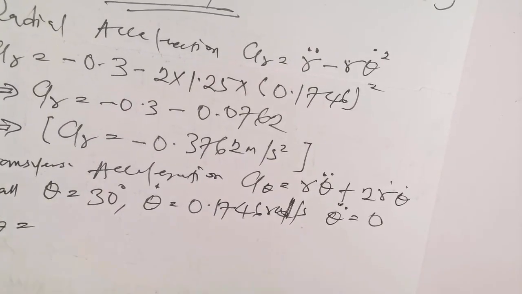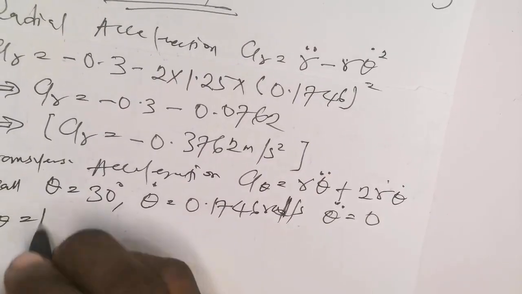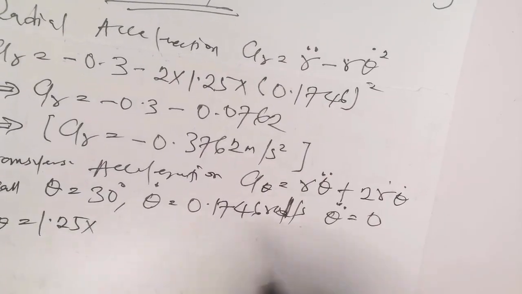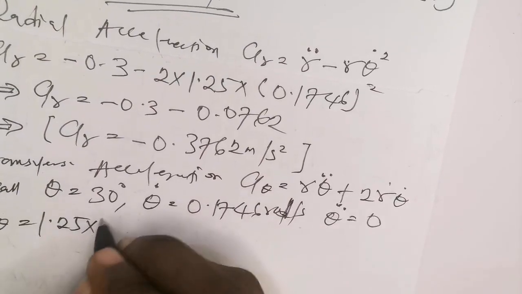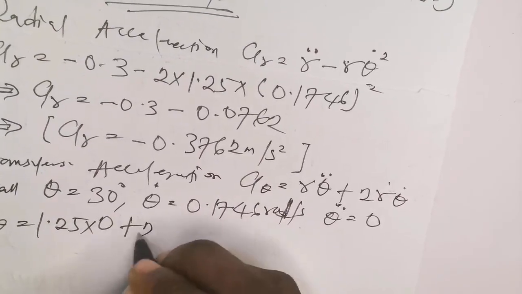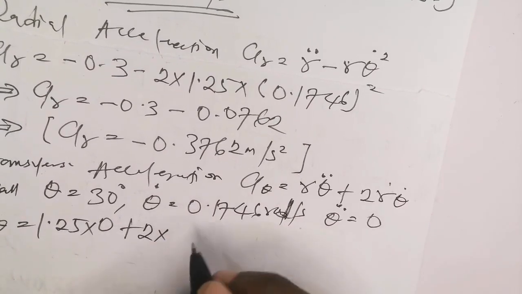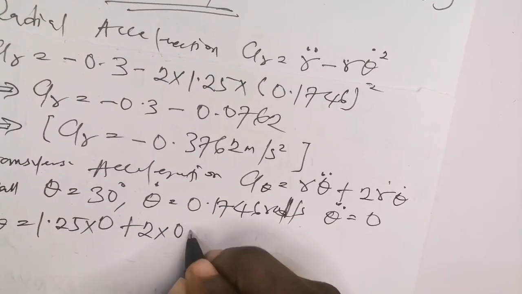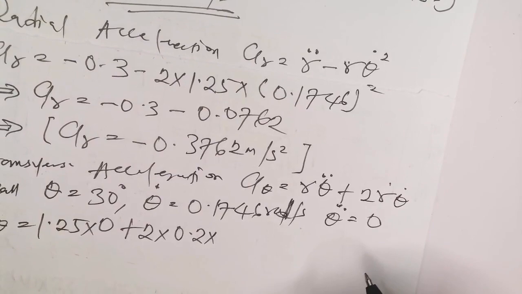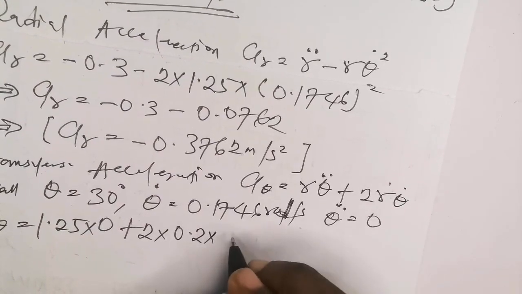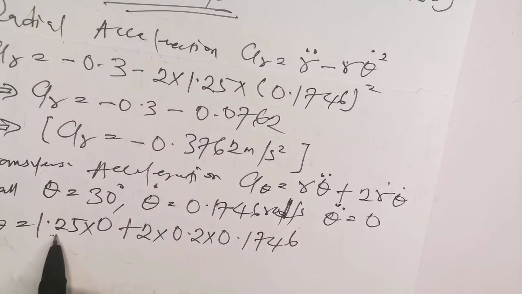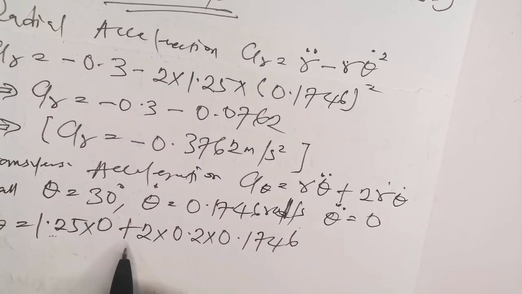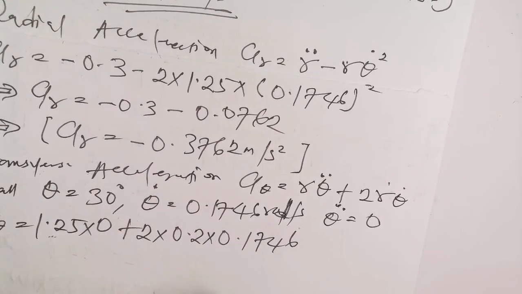a_theta is equal to, remember, r was given as 1.25 multiplied by theta double dot, which is 0, plus 2 times r dot, which is given as 0.2, times theta dot, which was given simply as 0.1746. So 1.25 times 0 is 0. We simply compute the multiple of everything here.